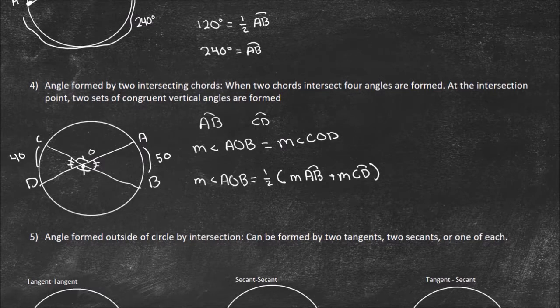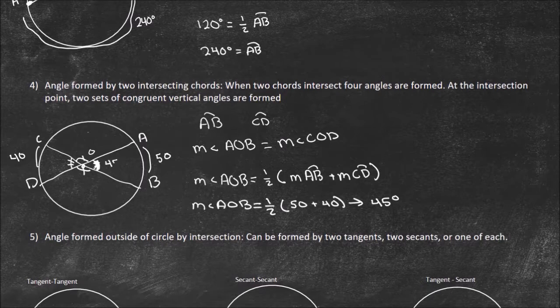I'm going to plug that in and it will help me figure out this angle right here. So the measure of angle AOB equals 1/2 of 50, because that's arc AB, plus 1/2 of CD, which is 40. Well, that's going to be 1/2 of 90, which is 45 degrees. So that's what this equals.